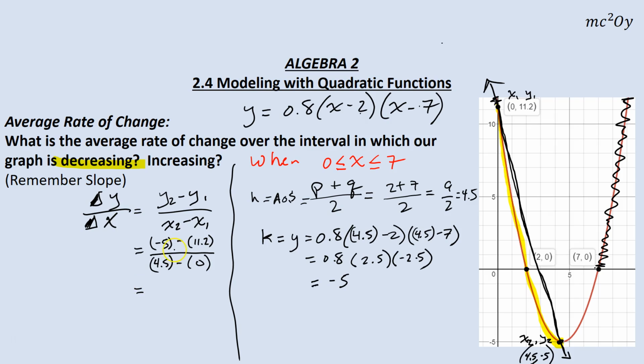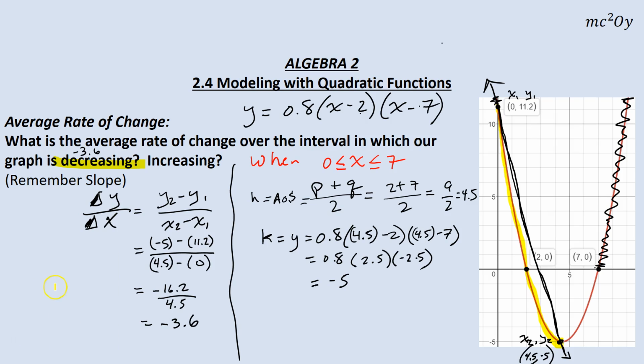So doing the math, negative 5 minus 11.2, negative 16.2, over 4.5, which ends up being negative 3.6. So my rate of change, where my graph is decreasing, is negative 3.6.